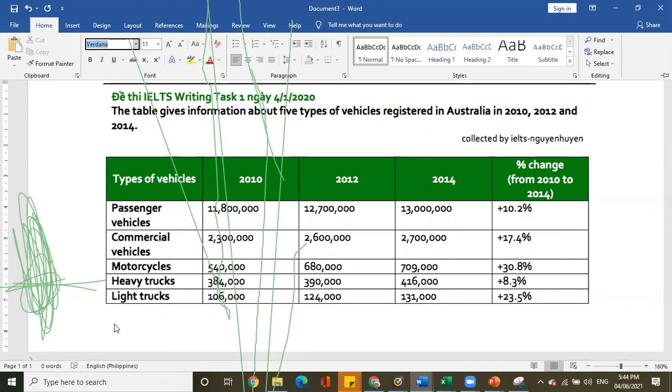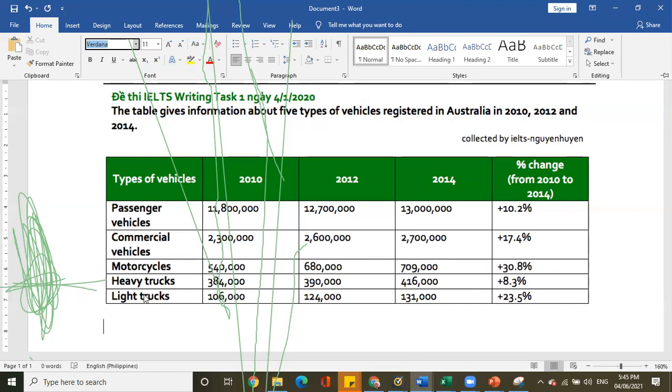So one of the important things that we can use adjunction for is for task 1, especially when you're covering so much data, right? So I'm going to look at the information. The table gives information about 5 types of vehicles registered in Australia in 2010, 2012, and 2014. So you have passenger vehicles, commercial vehicles, motorcycles, heavy trucks, light trucks.